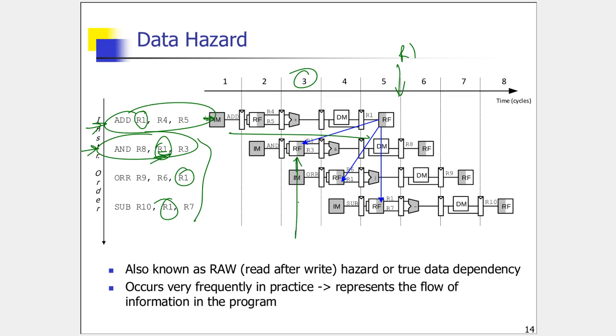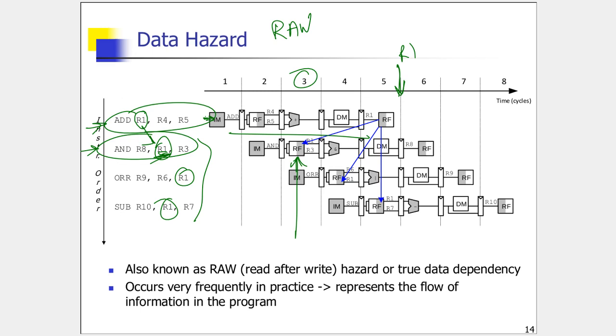So this is a point in time at which you need the data. This is the time at which the updated data is available. And this R1 value should indeed be the R1 created by the previous instruction, right? That's how the information flows from one instruction to the next instruction. So now you see, you are trying to access data which isn't there. And this is what we call a data hazard, also called a RAW hazard, read after write hazard, because you are supposed to read only after you write.